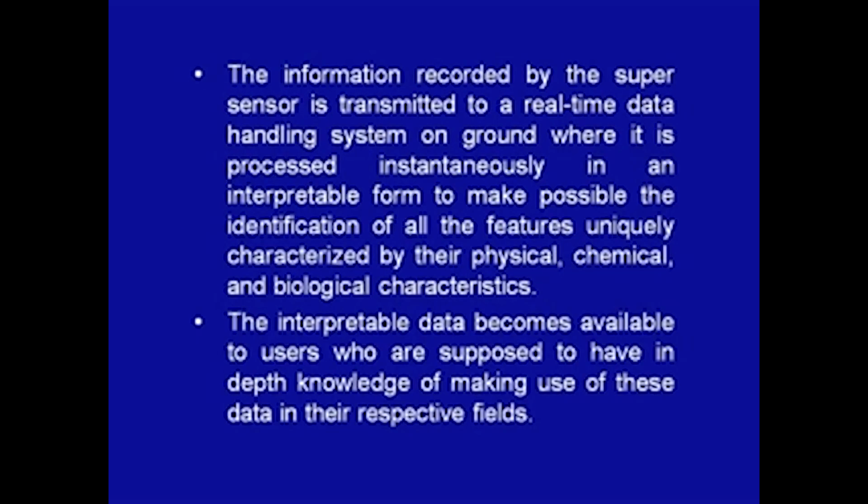The information recorded by the super sensor is transmitted to a real-time data handling system on the ground, where it is processed instantaneously in an interpretable form to make possible the identification of all the features uniquely characterized by their physical, chemical and biological properties. The interpretable data becomes available to a user who is supposed to have an in-depth knowledge of making use of these data in their respective fields.